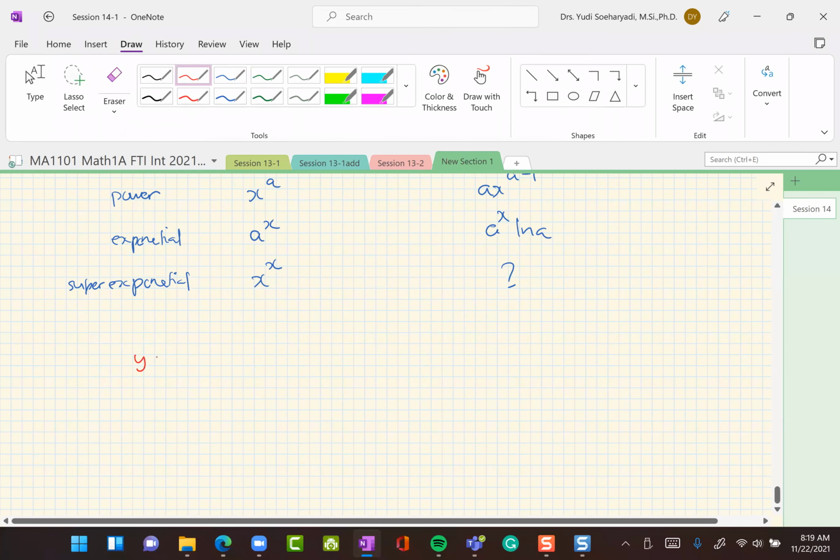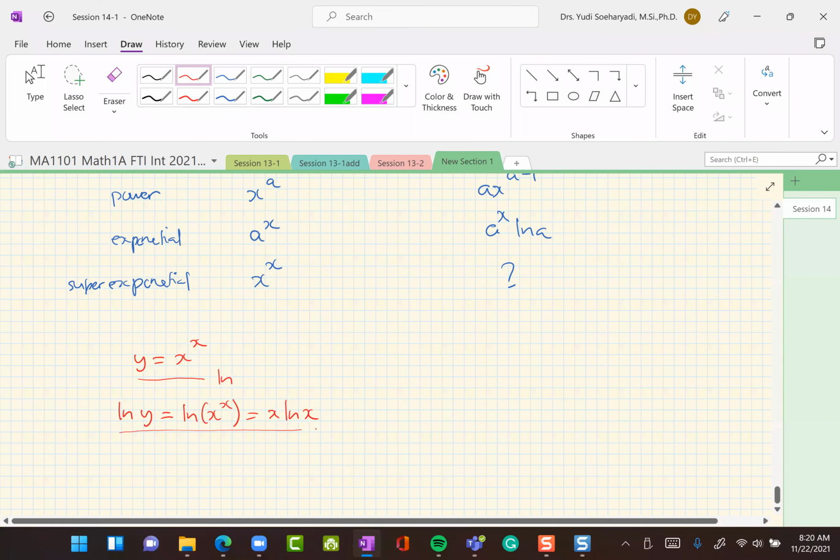So for example, y equals x to the x, okay? And if you apply ln to both sides, you get x ln of x. All right, is it clear how we get x ln of x? Let's just do it step by step. So x factors out. All right.